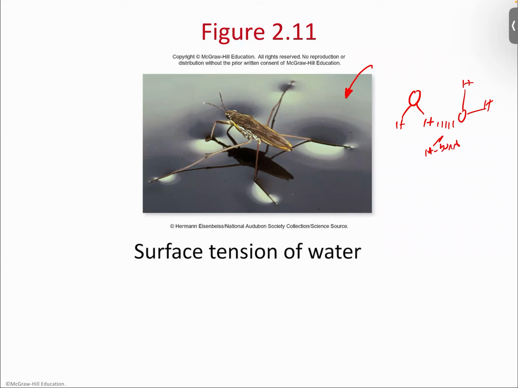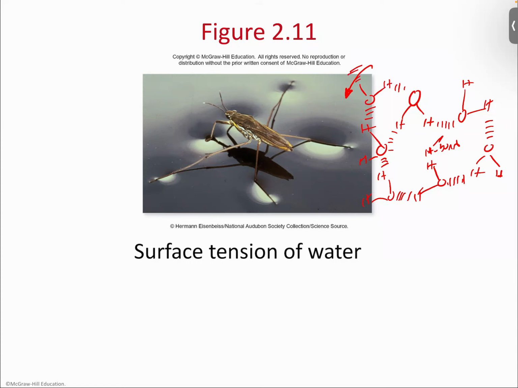But it doesn't stop there, because you have other water molecules involved here. This one's going to see an adjacent water molecule, and this one's going to see an adjacent water molecule, and this one is going to be seen by these, who are going to see an adjacent water molecule, and so on.